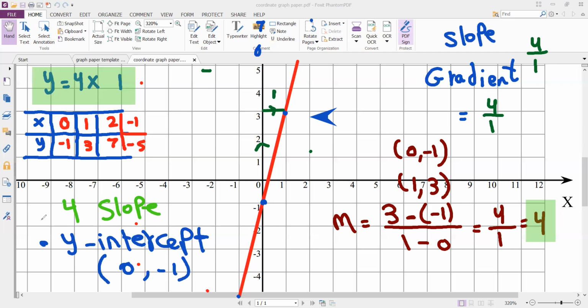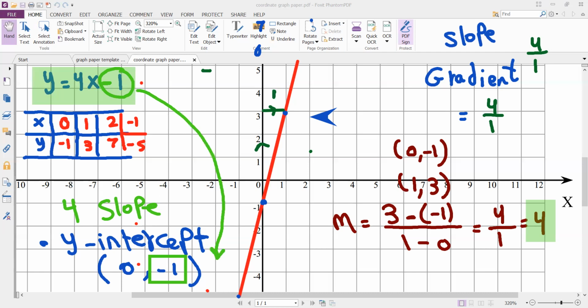Have a look at the -1 here, and the -1 here in 4x -1. You will find there is a relation between them. They are the same.